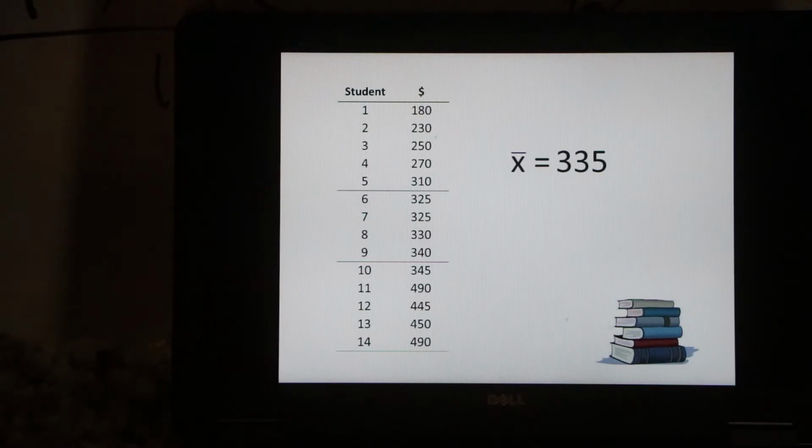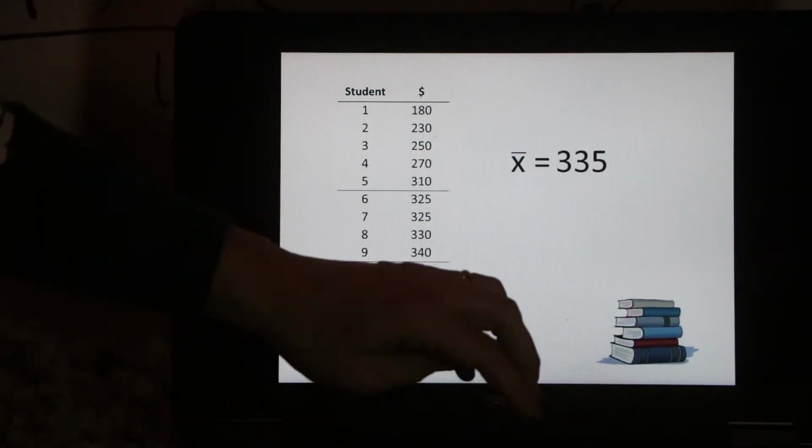And we get 335 as our answer. So you should be able to calculate that by hand. And we're going to do an example of that using a frequency distribution. This is just raw data. But it's the same idea with the frequency distribution, it's just that it's grouped and organized for you.